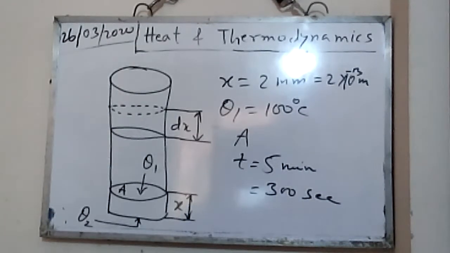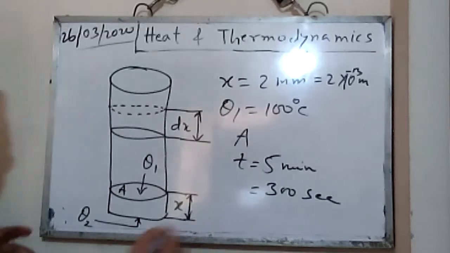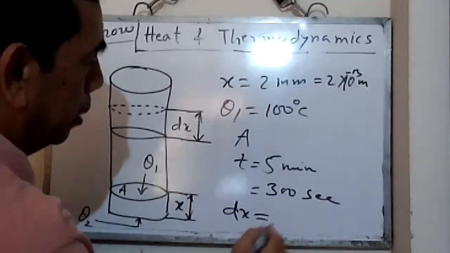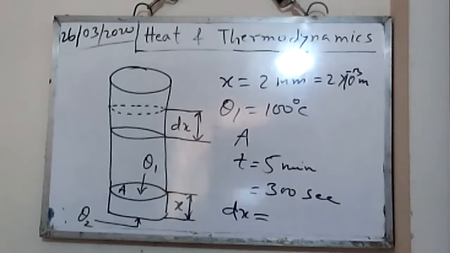In 5 minutes, the waterfall falls a distance, suppose dx. dx is given, dx equal to 0.01 meter.